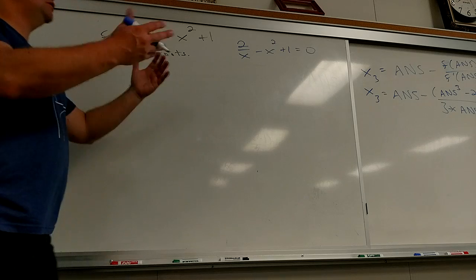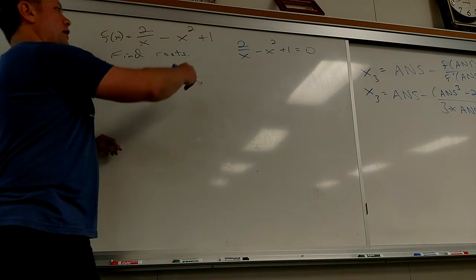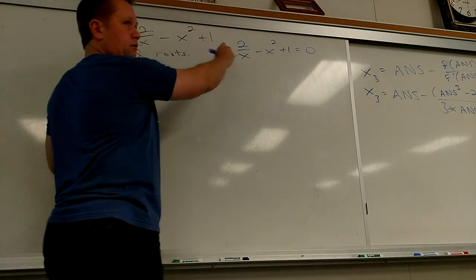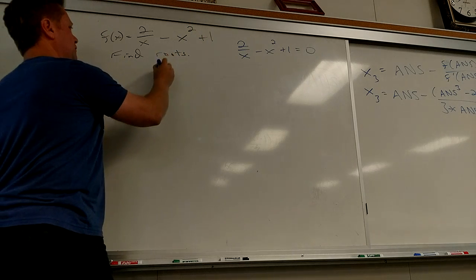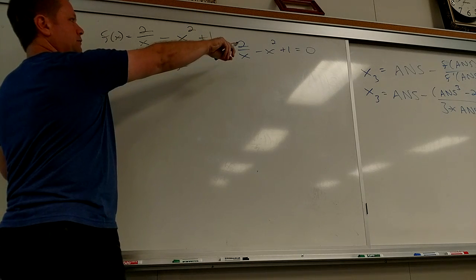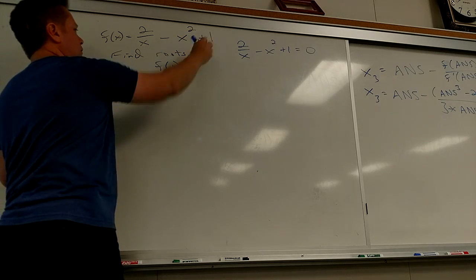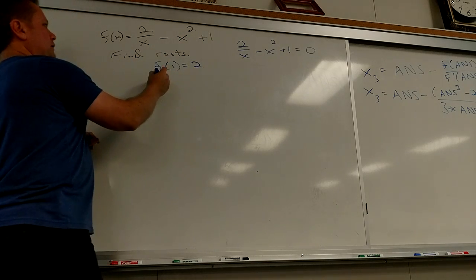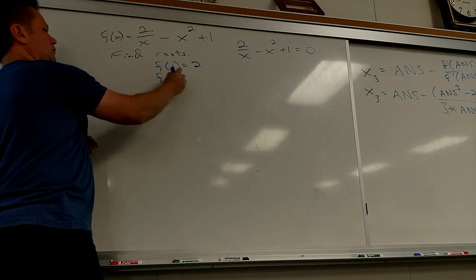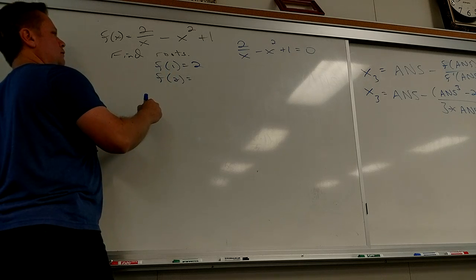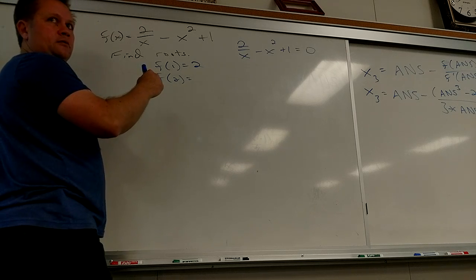I could just start flailing around a little bit. If I plug a 1 in, just to try something, what's f of 1? 2 minus 1 plus 1, it's 2. What's f of 2? Negative 2.